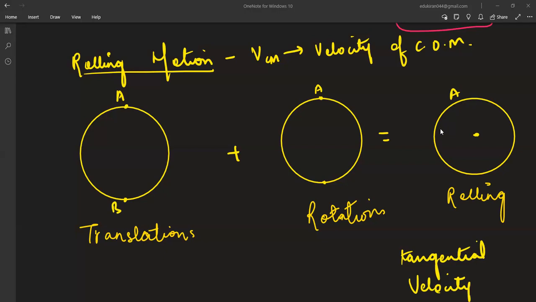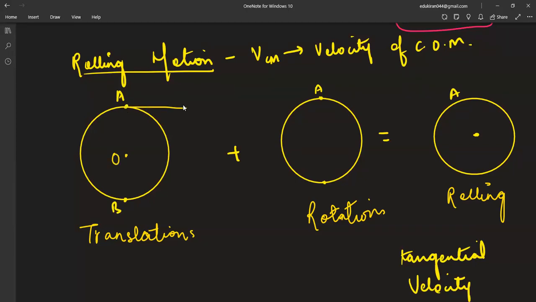Now, again, throughout this lesson we are talking about a system of particles. So how will you represent the system of particles? In translational motion also, there were lots of particles present. So what we do, we choose 3 points: 1 point above, 1 point at the center, 1 point below.